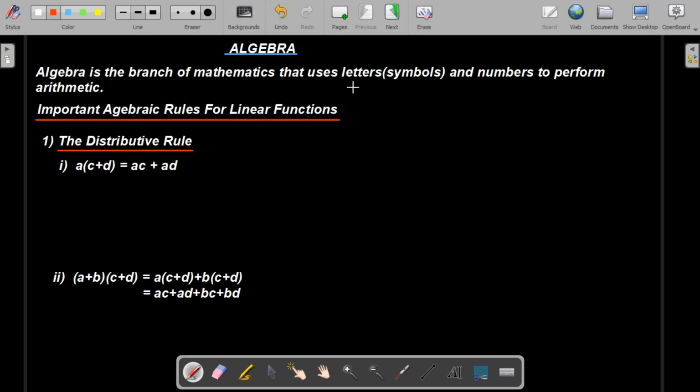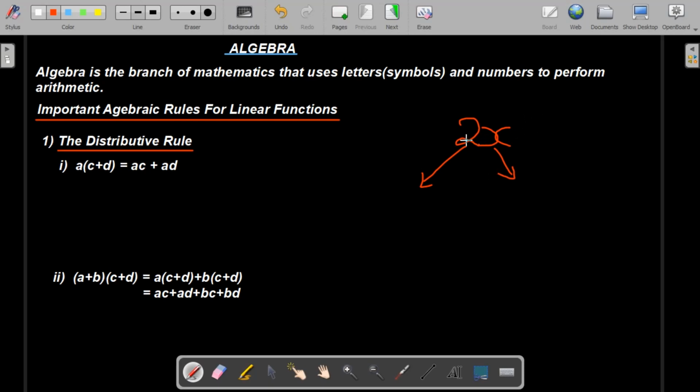Now, when they say it uses numbers and letters, this is what they mean. For example, we can have 2x. This one is a number, and this one is a letter.